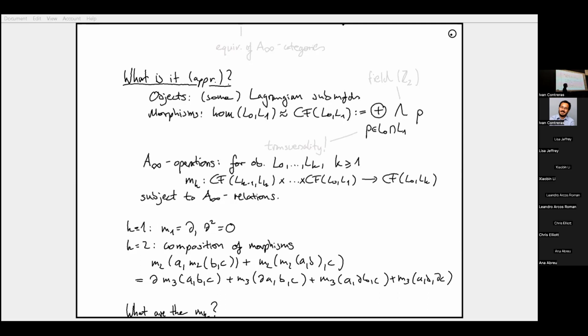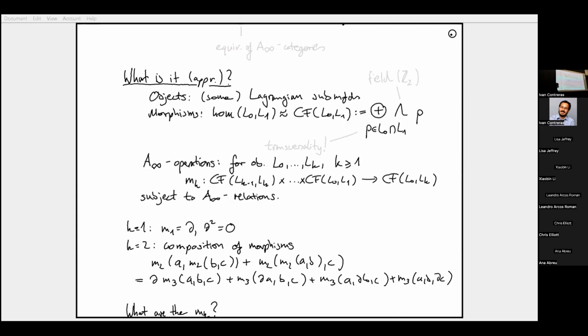So this is a differential, hence why I'm referring to the morphism space as the Floer complex, because it is equipped with this differential. k equal 2 is what we would understand as the ordinary composition or multiplication of morphisms. That has an associativity relation, except it's not exactly associative. It's only associative up to things that involve this multiplication of degree 3 and the differential.